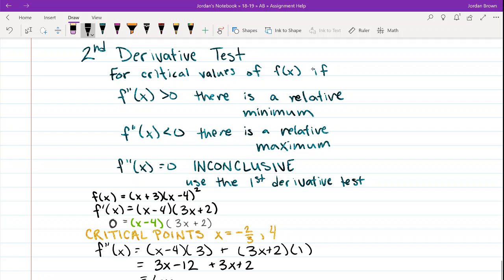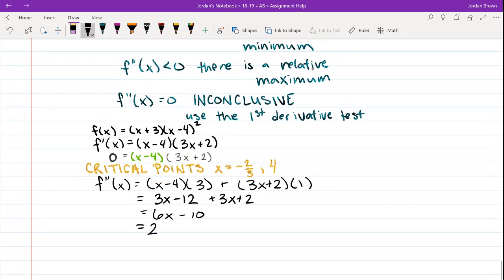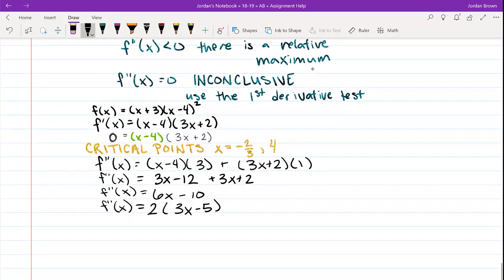I've got 6x minus 10. I'm going to take out a 2. 2 times 3x minus 5. All of this has been f double prime of x. And we're not setting this equal to 0 because we're not trying to find points of inflection. We're going to now plug in our critical points. So I'm going to plug in negative 2/3.